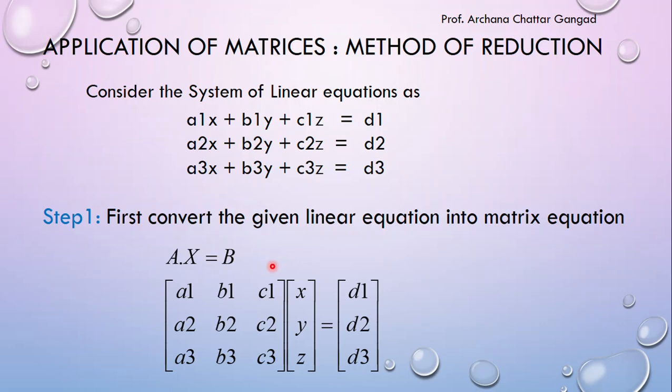And in the third column, we write the coefficients of the z variable, that is c1, c2 and c3. X is a variable matrix, so write x, y, z, equal to the right hand side. What do we write on the right hand side? The constant values of the equations, that is d1, d2 and d3. So this is the first step, how the given linear equations convert into the matrix equation.